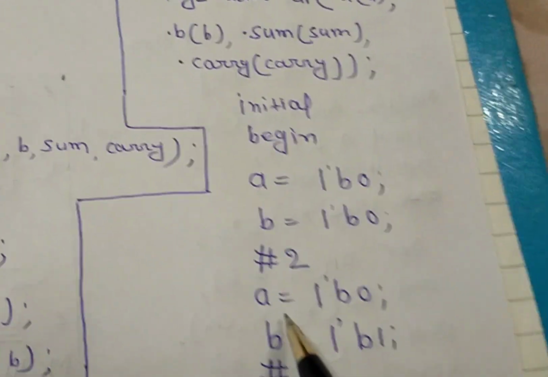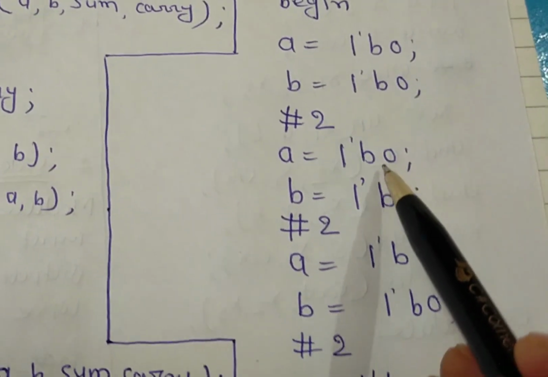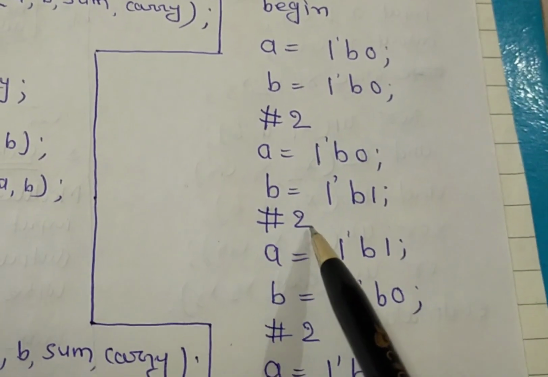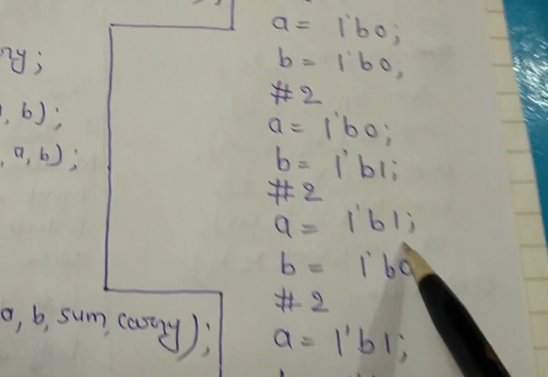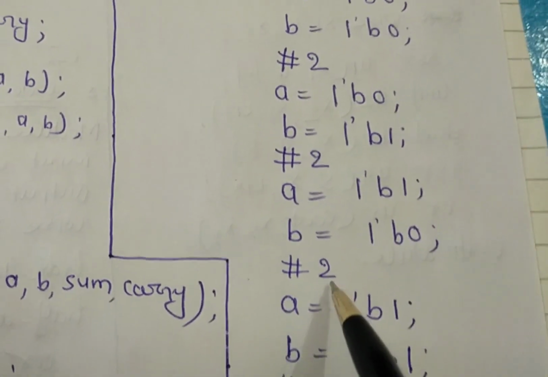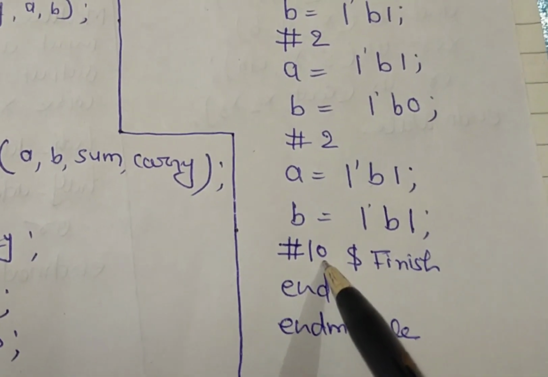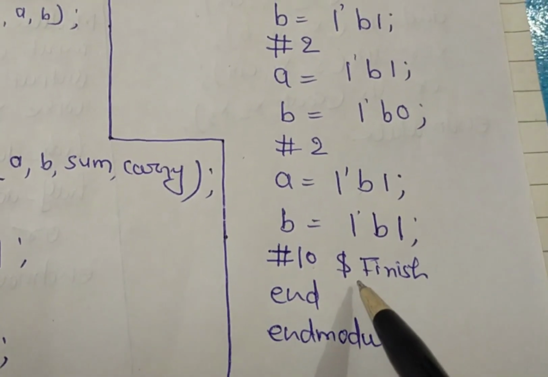Then give the second input: a equal to 1 bit 0, b equal to 1 bit 1, then again give a 2 nanosecond delay, then give the third input, then again a 2 nanosecond delay, then give the fourth input, and then give a 10 nanosecond delay. After that, finish the waveform.